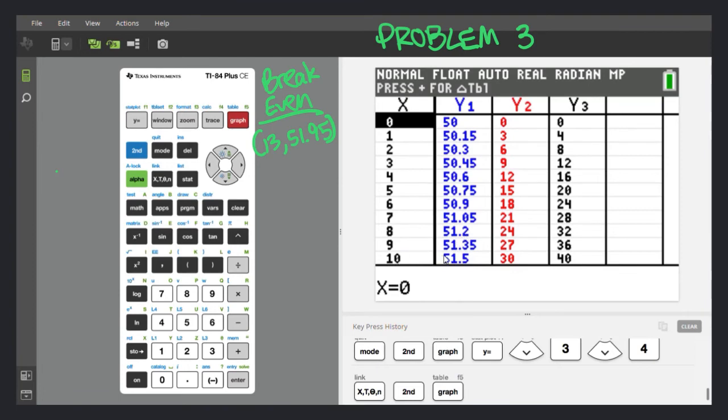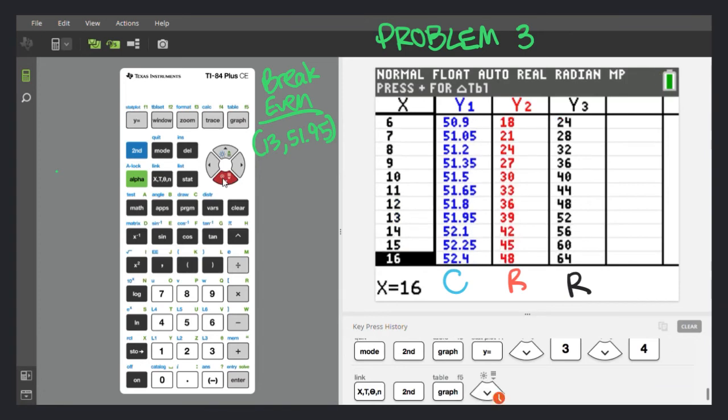So let's say I washed 10 dogs. My cost is $51. My revenue is either 30 or 40. So it's cool, as you could see, oh, I could make 40 instead of 30. Or if I press down, I could go and see what it would be at 20. Now, I just want to point out, maybe your X values don't go up by 1.